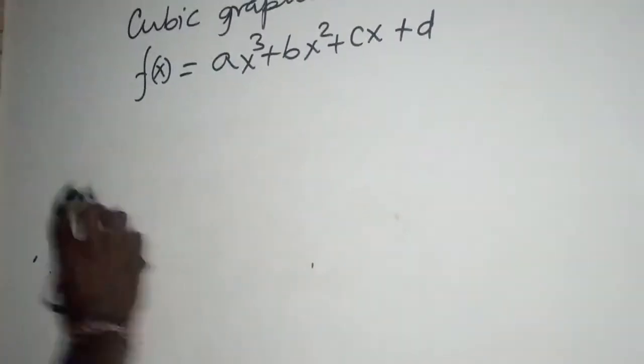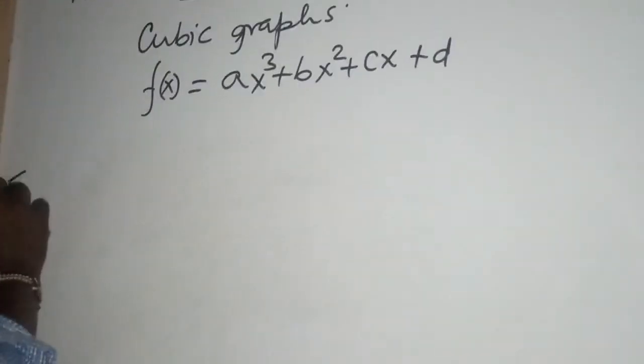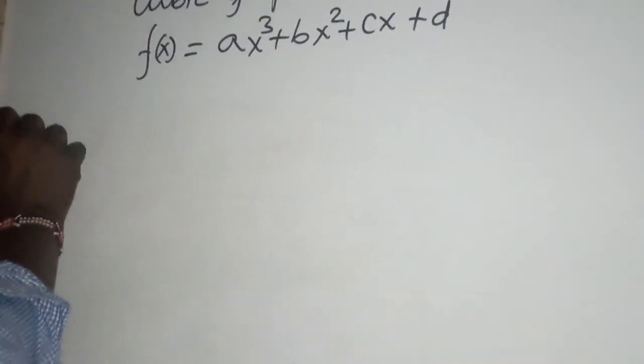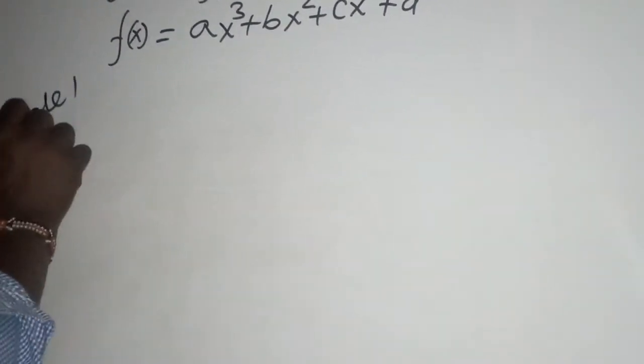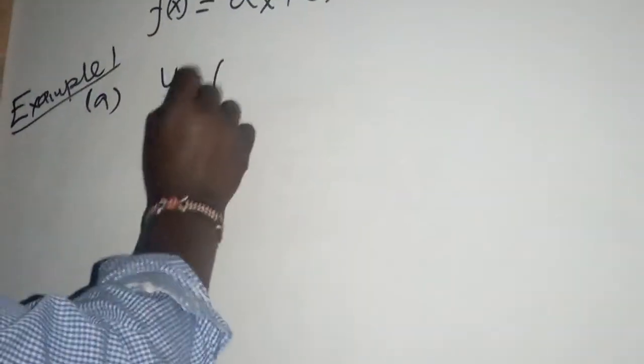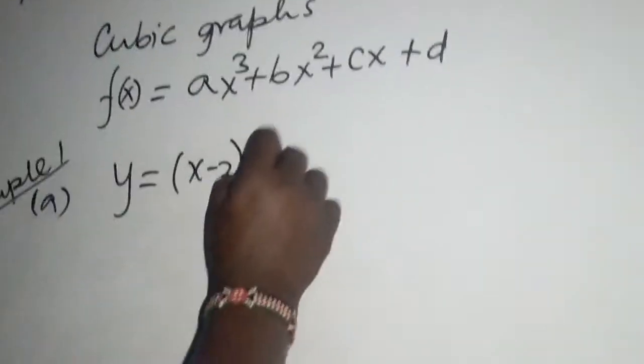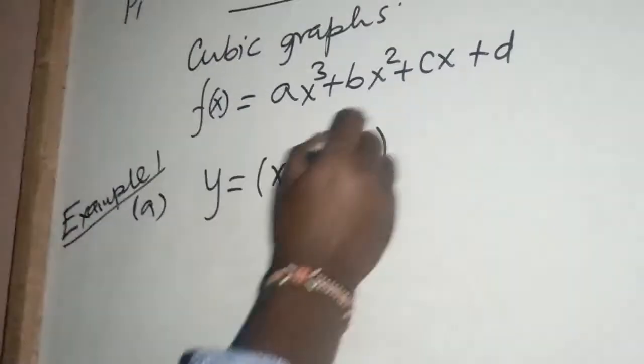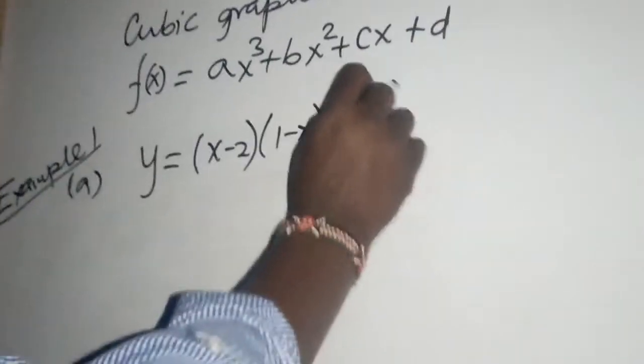Example 1, part A: we have the graph of y equals (x minus 2)(1 minus x)(1 plus x).